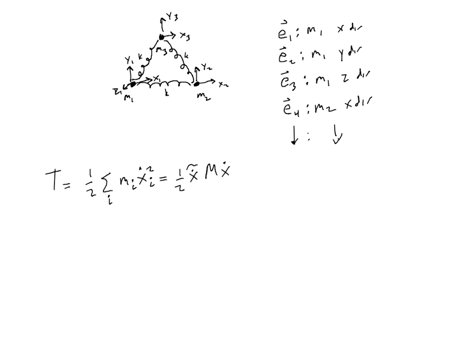Kinetic energy is when you take a particle with a certain mass and it moves with the velocity squared and then throw a factor of 1/2 on it. And so m_i in this case is the mass associated with whichever one of these positions. And x dot here is the time derivative. So x dot i is equal to the time derivative of x_i with respect to time.